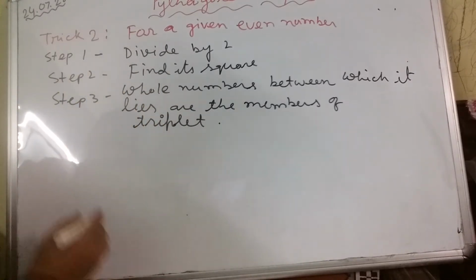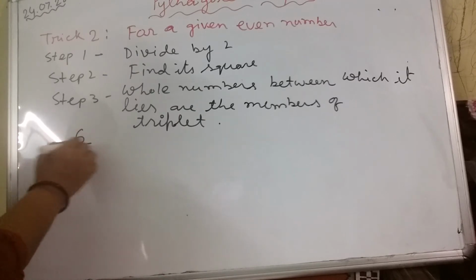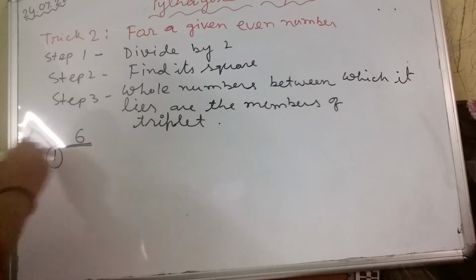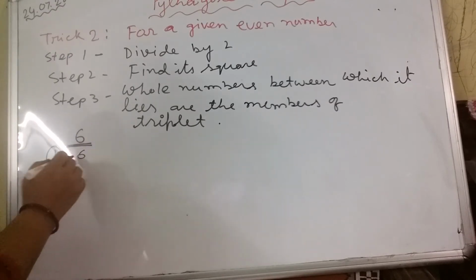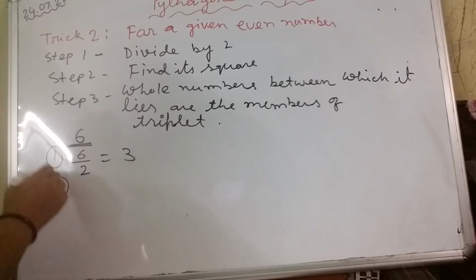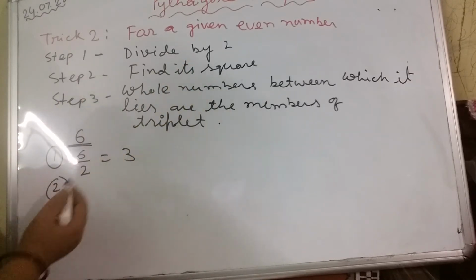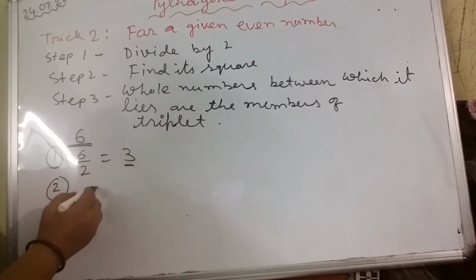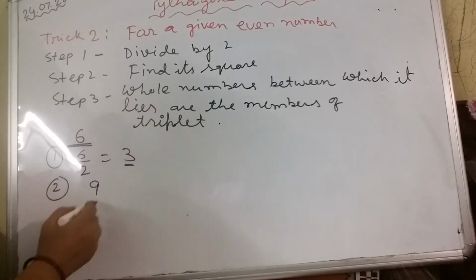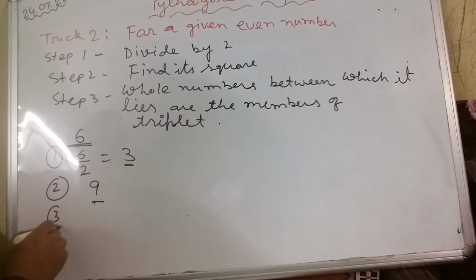Let's take an example. 6. It is an even number. First step is you have to divide it by 2. So 6 divided by 2 is 3. Next step is you have to find its square. So 3 square is 9. Now it's a whole number, but we will not consider this 9.